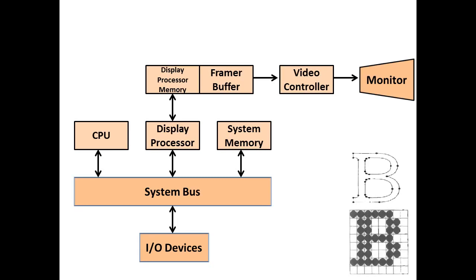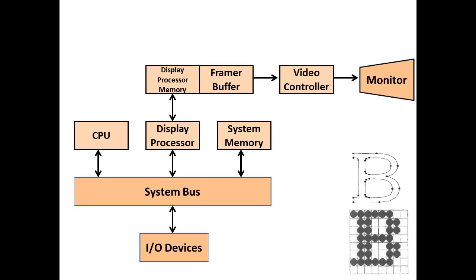The digitization process is called scan conversion. Graphics commands specifying straight lines and other geometric objects are scan converted into a set of discrete intensity points.